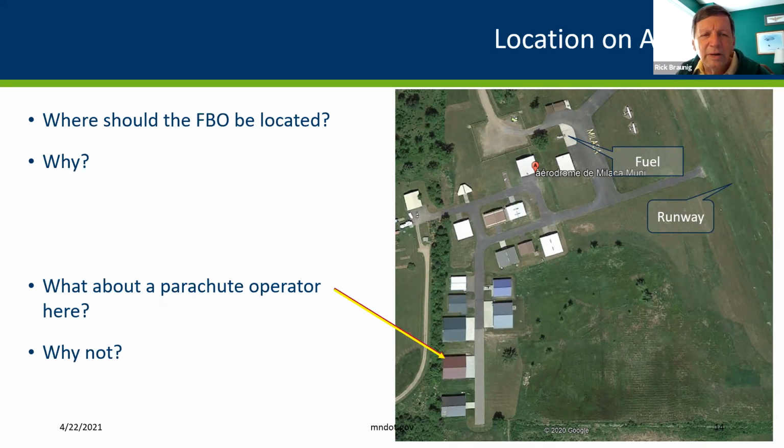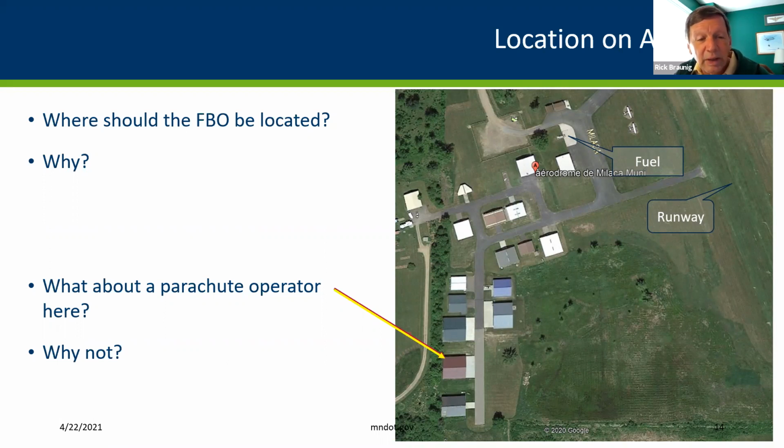You can see up at the very top is the parking lot for the airport, and so people would come if they were going to go on a parachute drop. They would have to either park in that parking lot and then walk around and try and find this hangar, or they would be driving in the operating area where aircraft are operating. And that's something we really only want people who understand what's going on at the airport to be doing.